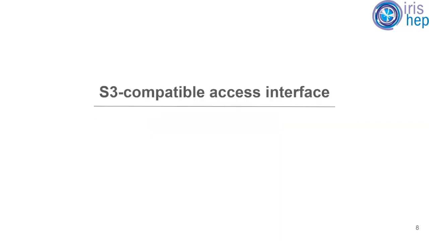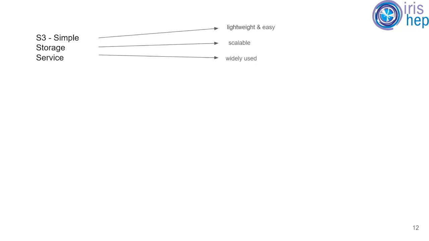So now I'm going to talk about the S3 interface. S3 stands for Simple Storage Service. This is basically a cloud-based object storage service provided by Amazon. It's lightweight, easy, scalable, and really widely used nowadays for various applications such as data backup, archiving, content distribution, data lakes, and many other things.